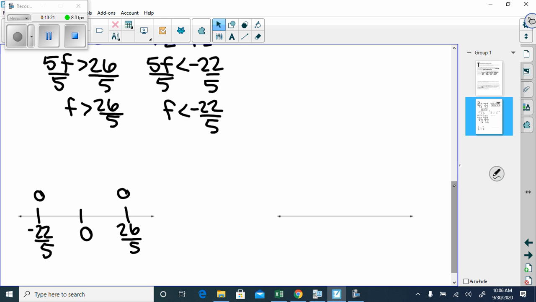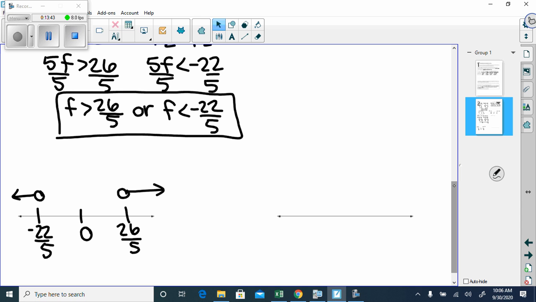And this first inequality, I want f to be greater than 26 over 5, so I'm going to the right, and I want f to be less than negative 22 over 5, so I'm going to the left. So this is an and or an or? So I put the word or in between, and there we go.